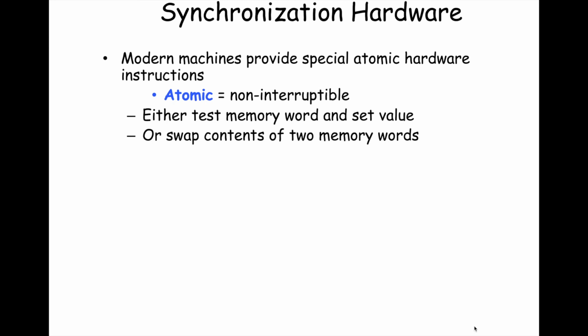And so if you look up any chip specification, and I encourage you to do that, go look up whatever Intel processor you have on your machine and do a Google search for the atomic instructions, and it'll tell you what those instructions are. When your program executes these instructions, it will not be preempted.